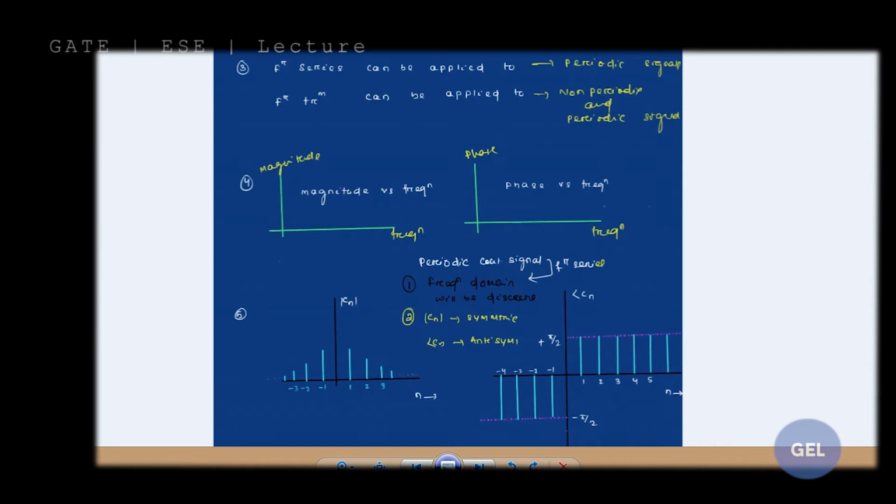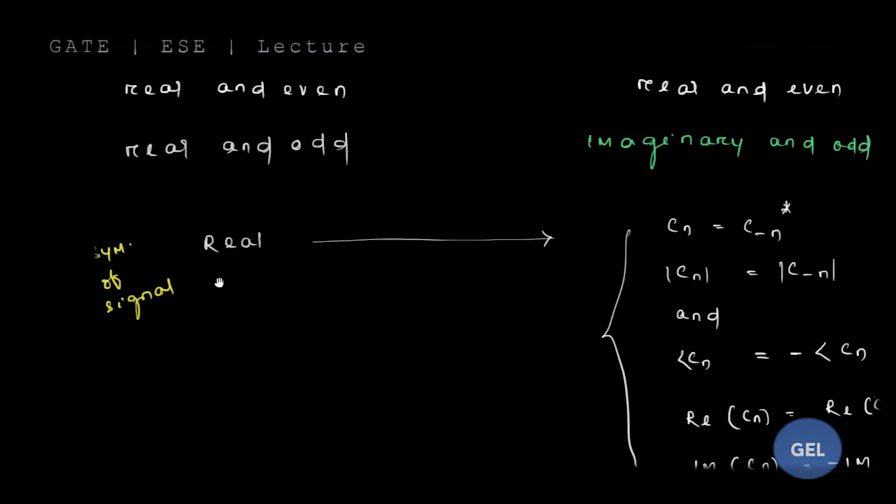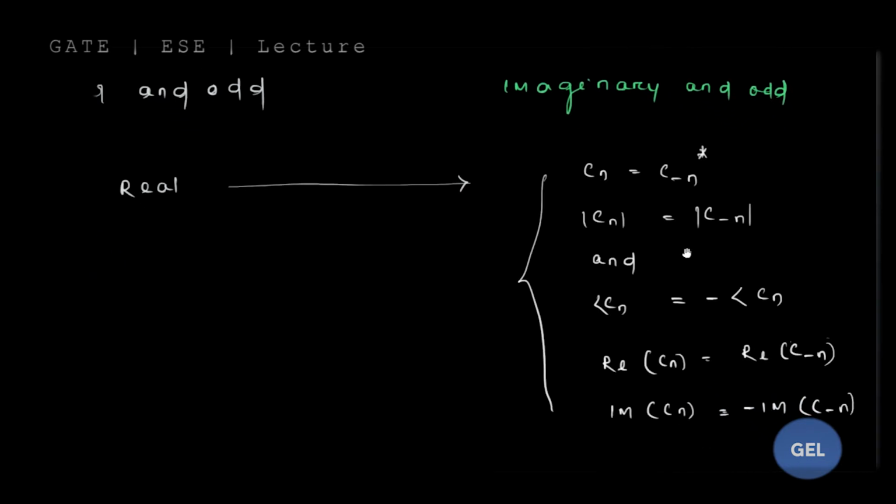That is why f of t will come out to be real if the magnitude spectrum follows the symmetric condition and the phase follows the antisymmetric condition, and these two conditions are the same as these two things. Similar cases only, because Cn equals the conjugate of C of minus n. The same thing is repeating here.